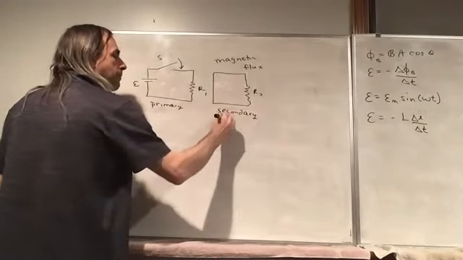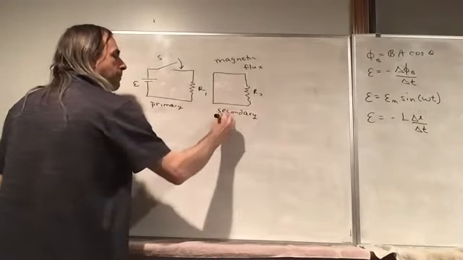And again, the more rapidly you change the current in the primary coil, the greater EMF there will be in the secondary coil. And they are related by what we call the mutual inductance, also measured in henries.